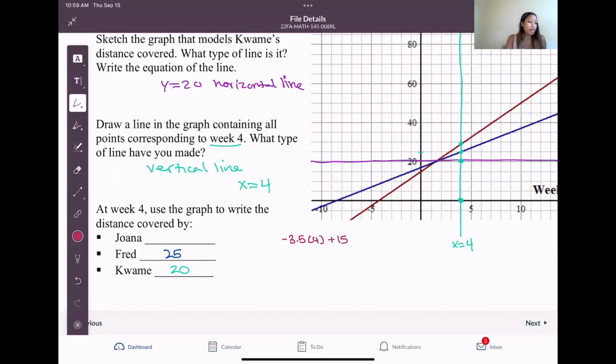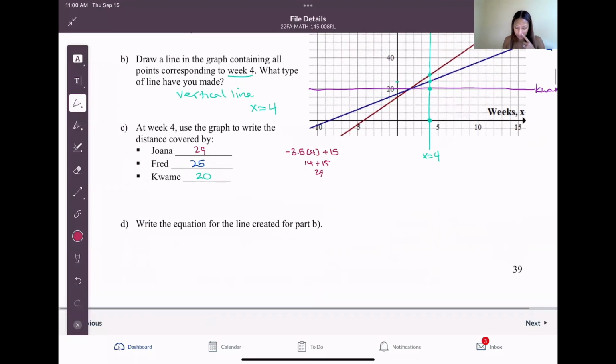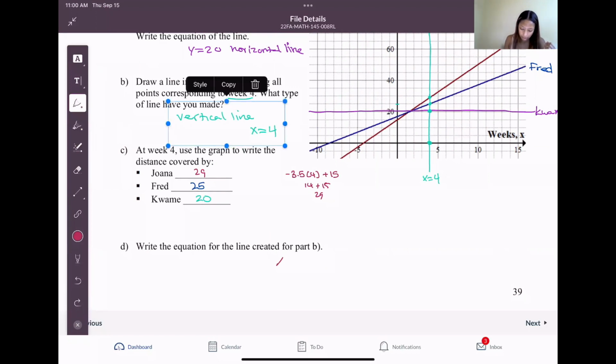Yeah, 3.5 times 4 is 14. So then 14 plus 15 would be 29. So Joanna was 29 miles, very close to 30. All right. Part D, write the equation for the line created in B. We already did that. I wrote it up here. X equals 4.